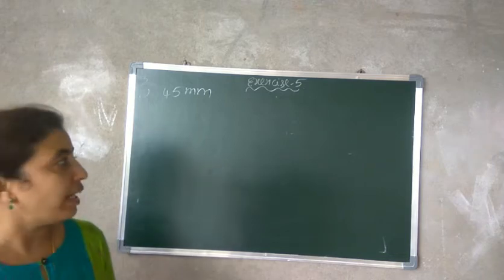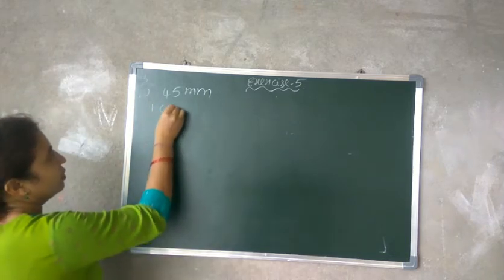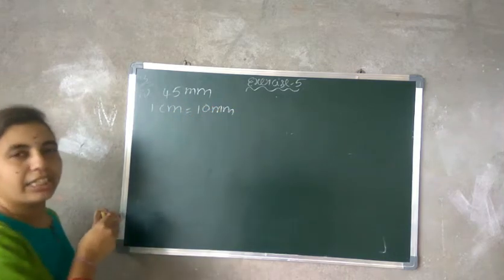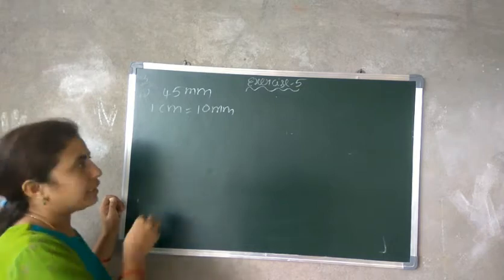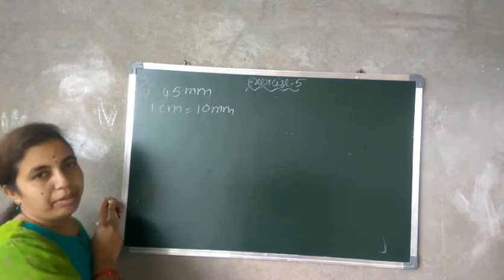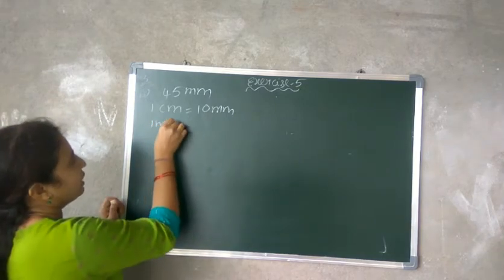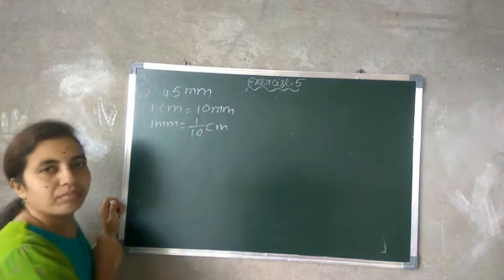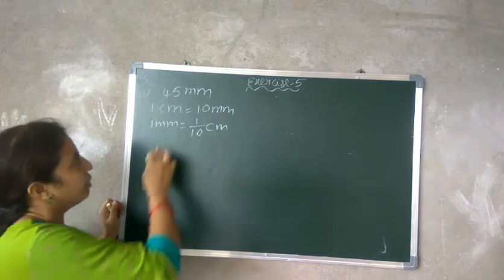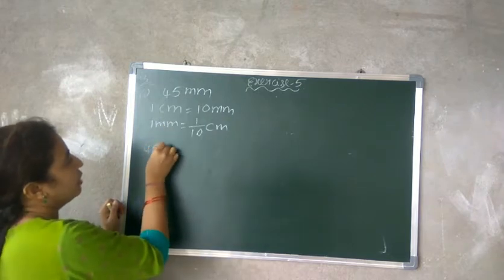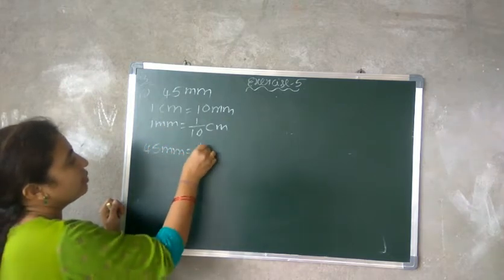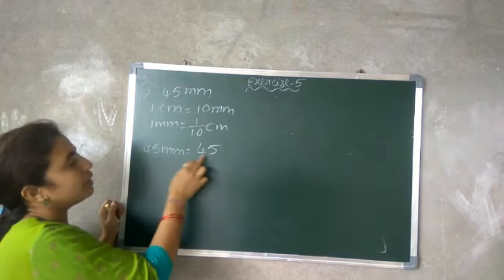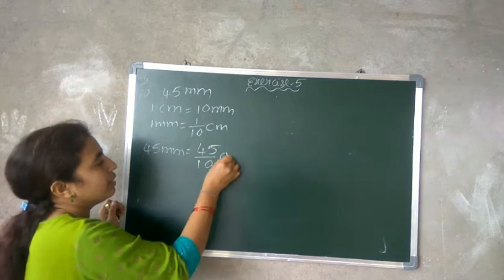1 centimeter is equal to 10 millimeters. First we are converting into centimeters. That means 1 millimeter is equal to 1 by 10 centimeters. Here 45 millimeters is given, so 45 millimeters is equal to 45 by 10 centimeters.